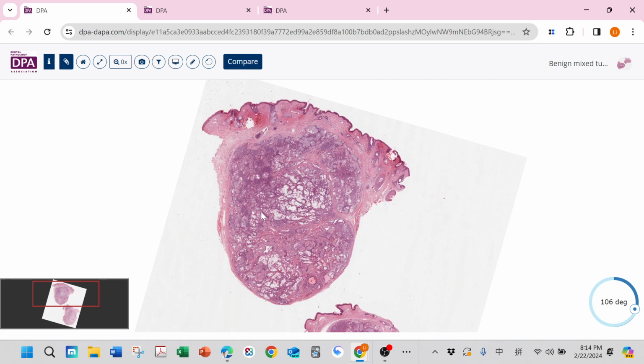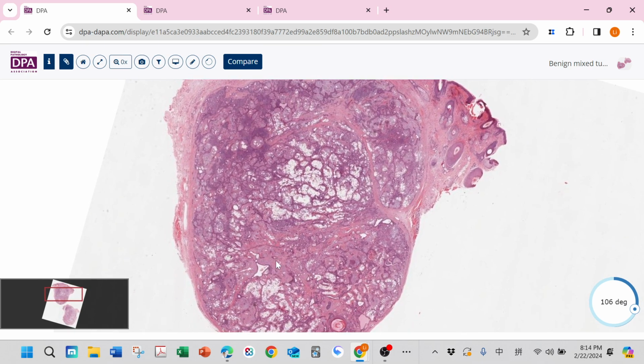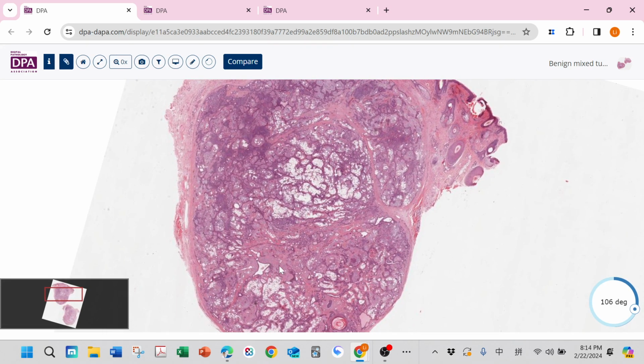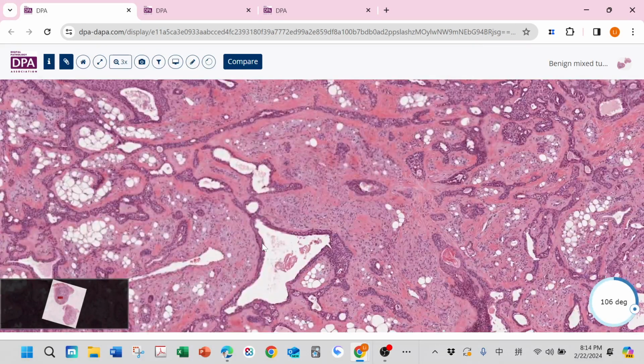This one, in low power, looks a little bit different because we have some fat entrapped inside, but it doesn't matter. First, a well demarcated dermal nodule, and then we have this chondroid stroma, and then all of this makes us think of sweat duct differentiation.